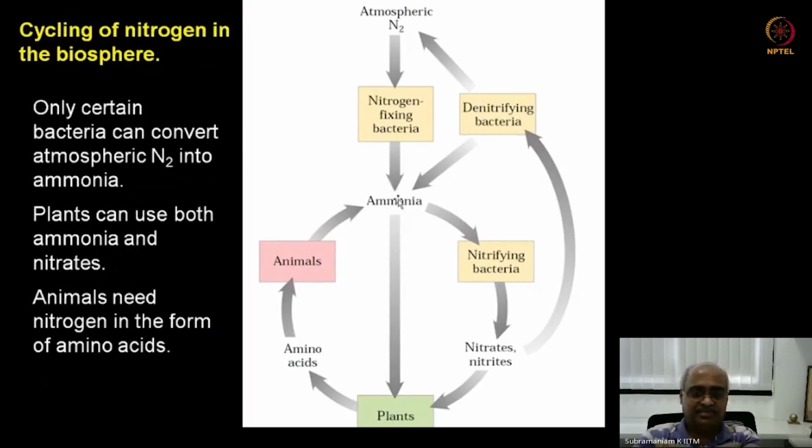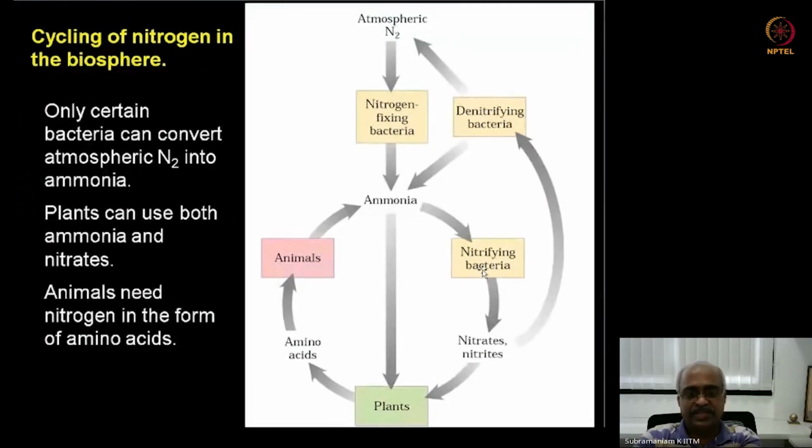And this ammonia again can go into plants, again it's cycling. Or some of the ammonia in the soil is converted by nitrifying bacteria into nitrates and nitrites. And these are again used by plants the way they can use ammonia.